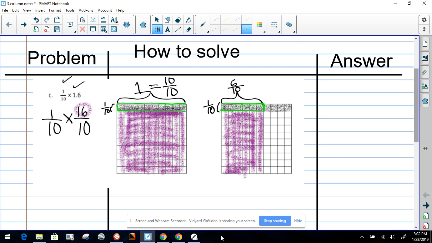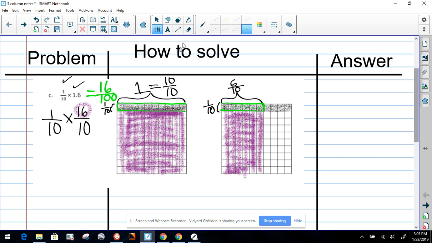So the answer of this problem is going to be 16. The 16 what, my friends? We can say hundredths or tenths, right? So we're going to call it tenths. Well, no, my apologies. It's out of 100. So we have 100 things in there. So it's 16 hundredths because this is 100 and this is 6.